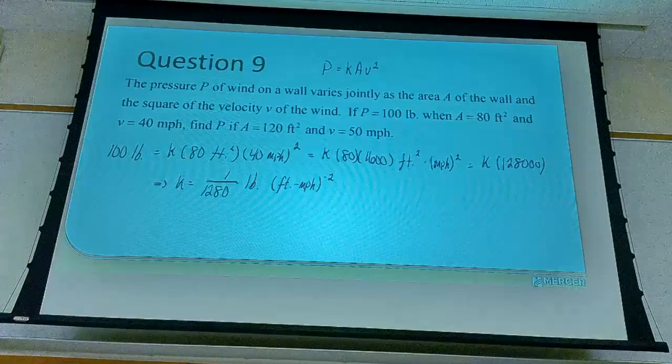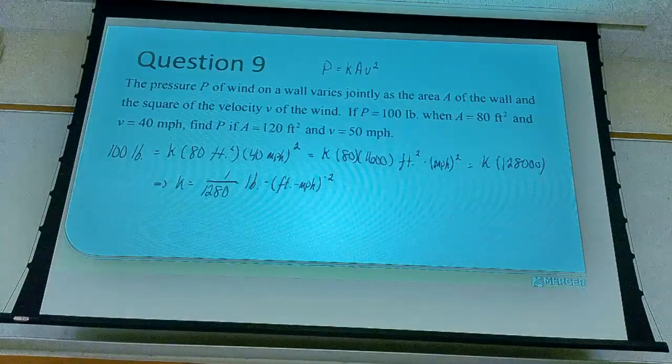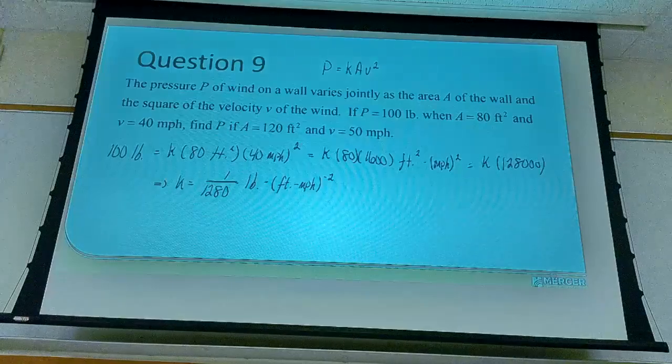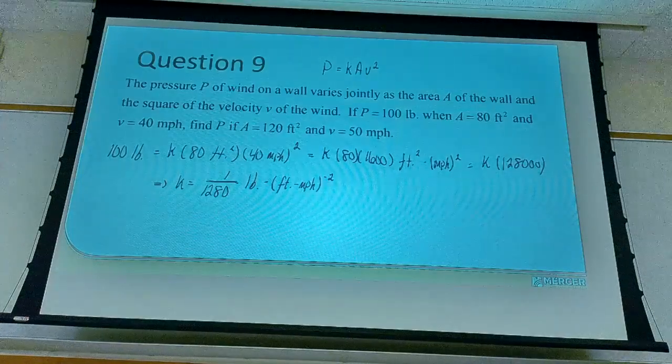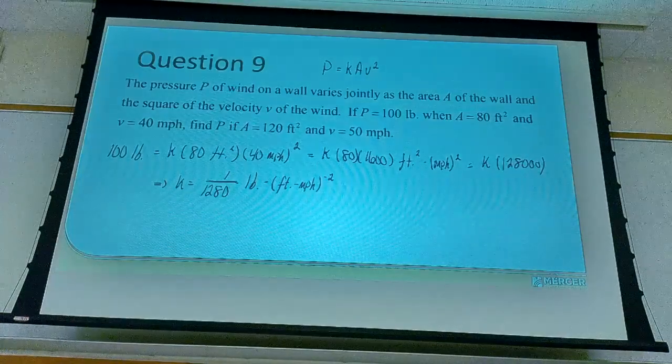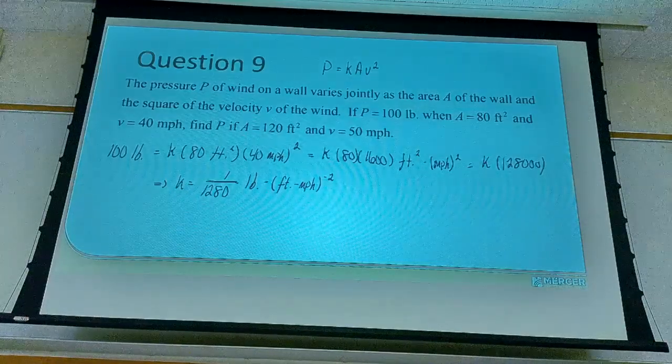It's not a minus, that's a hyphen. Pound times the inverse square of the foot mile per hour. Again, in physics and most of the sciences, when you're doing multiplication of units, you usually separate them with a hyphen.